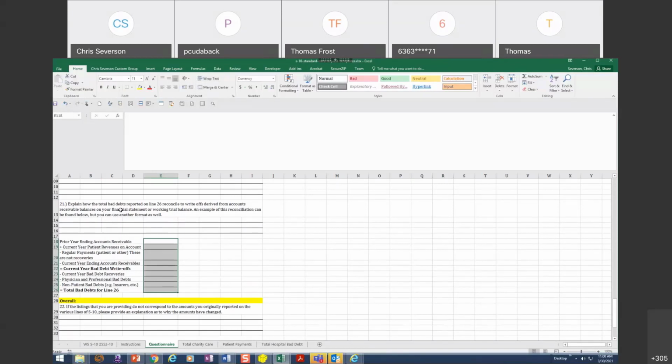Explain how the total bad debts reported in line 26 reconciled to the write-offs derived from accounts receivable balances on your financial statement or working trial balance. This is just a basic example of how this reconciliation could look, but you can come up with other reconciliations. There are multiple ways mathematically to do this. So just use this as an example.